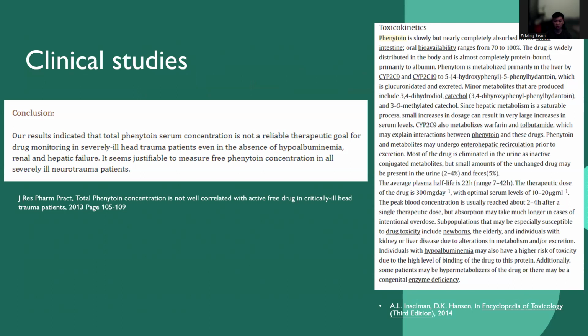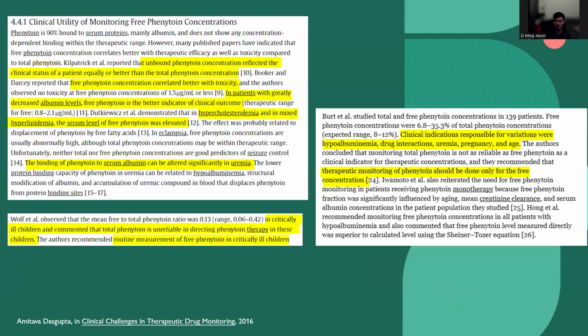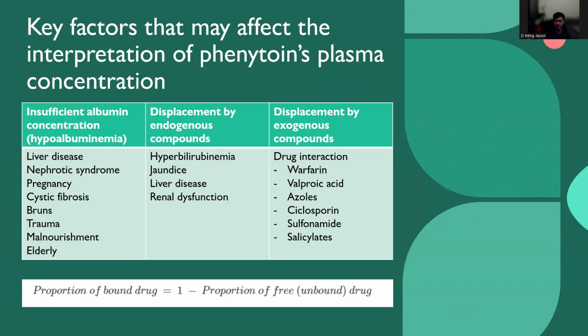Total phenytoin serum concentration is also not accurate in neonates, pregnant patients, patients with uremia, and patients with acute trauma. In this case, measuring free phenytoin would be appropriate for these patients to avoid toxicity and stay within the therapeutic range. This is another study of the concentration of phenytoin from clinical challenges in therapeutic drug monitoring.